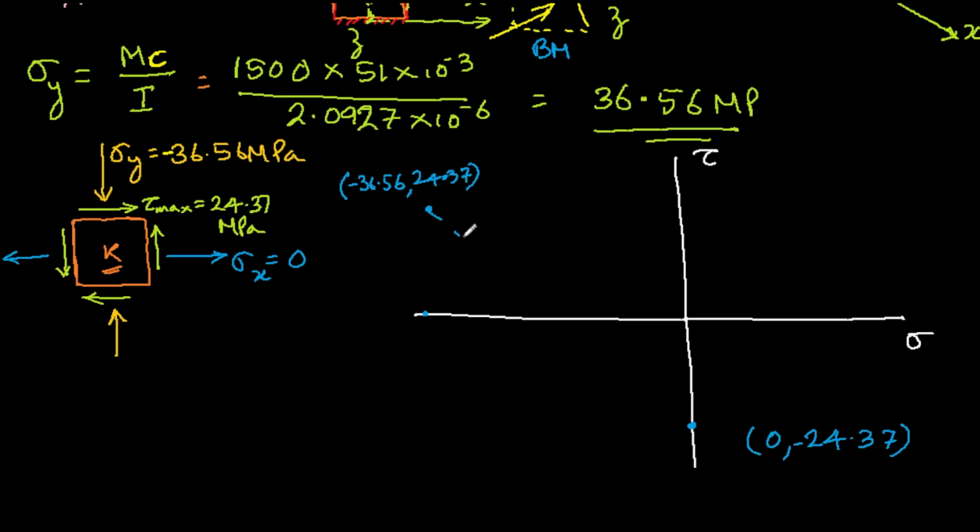If we join these 2 points, we should get the center of the Mohr circle, and then using this radius we can draw the circle.